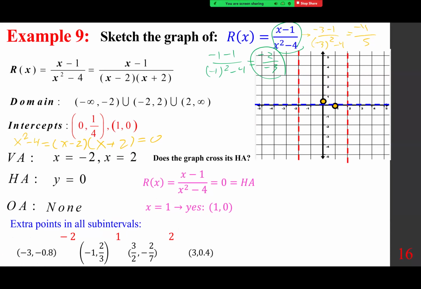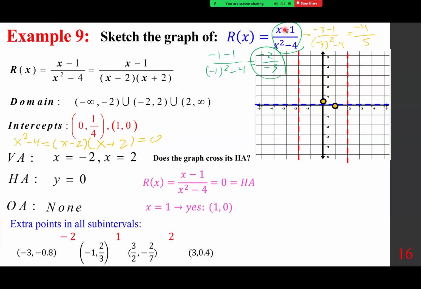So I get these points. Again, quickly, -3 gives you negative 4/5 or -0.8. Plus 3 gives you the same thing, but positive. And by the way, the reason I put those is that it helps me see the graph. What happens if I put 3?